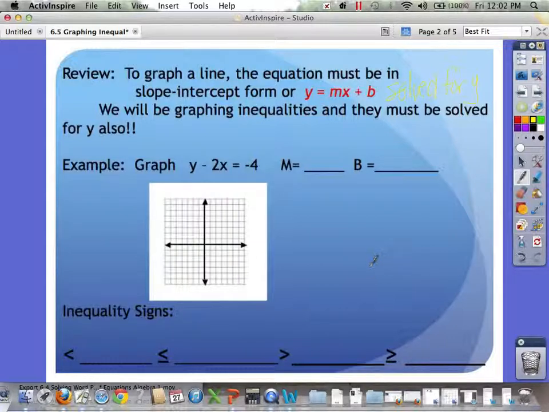So this particular one that we've given in the first example says y minus 2x equals negative 4. Well, it's not solved for y because there's two things on that side, so we need to move something. I'm going to write it over here so you can see: y minus 2x equals negative 4. We need to move this 2x. It happens to be negative, so we need to move it by adding.